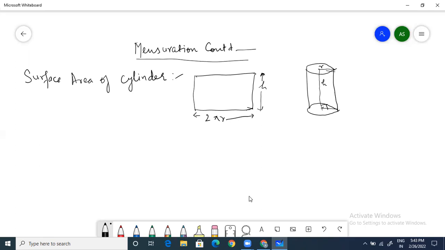Apart from this rectangle, which is the paper covered over here, we also have these two circles, one here and one here, right? What is the surface area of this circle? It will be pi r square. Similarly, the surface area of the other circle would also be pi r square, because in the case of a right-angled cylinder, these two circles are congruent.